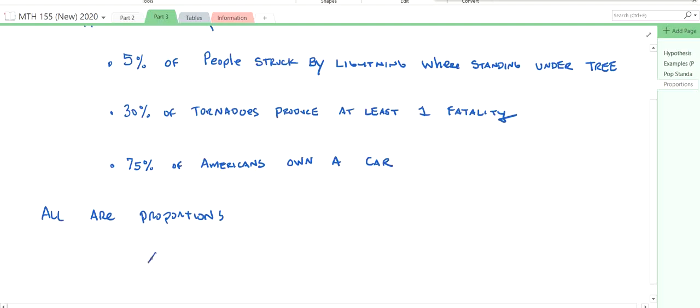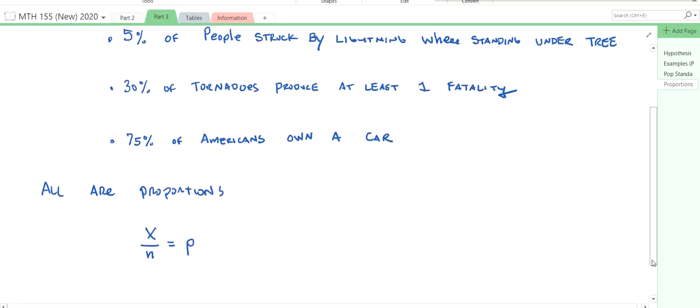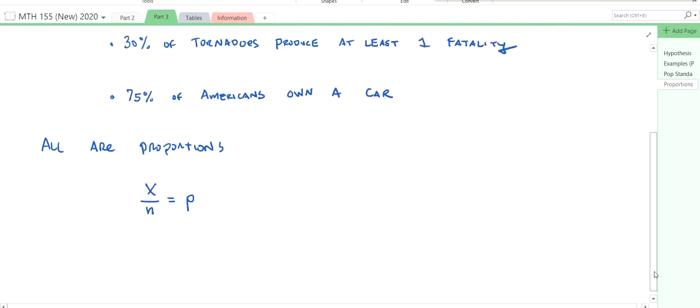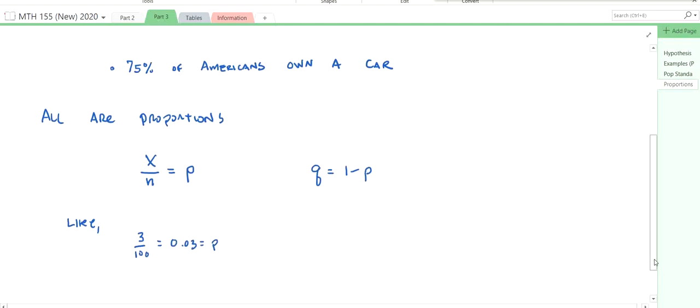For example, you'd have some certain number of things divided by the total number, and that equals P. Usually that's considered our success. So if you have a P, you can have a Q, which is 1 minus P. But if we're looking at this P, we could turn that into a K, like say 3 out of 100, or 0.03, that could equal our P, for example.